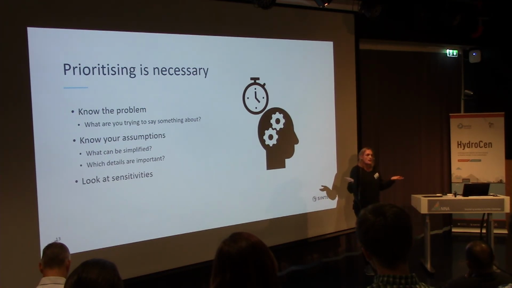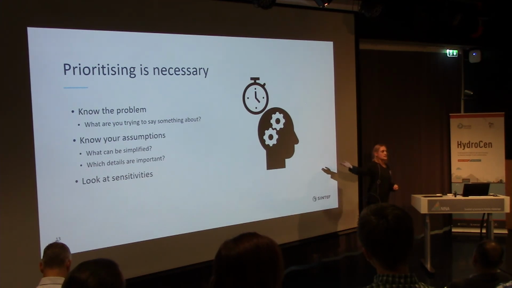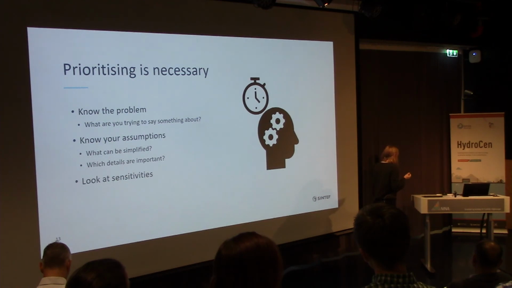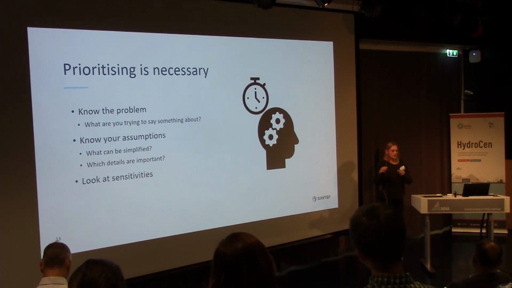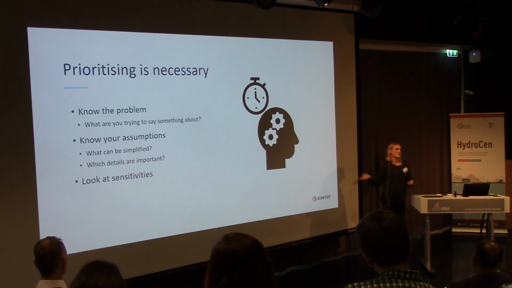Like, I can say, no, I'm not going to include ramping restrictions. But then you need to know that has a consequence on the results. So because you make these assumptions, you should also look at sensitivities, or try to find a way to look at how the different restrictions you use affect your results. And yeah, so it's possible, but you need to understand what you're doing.